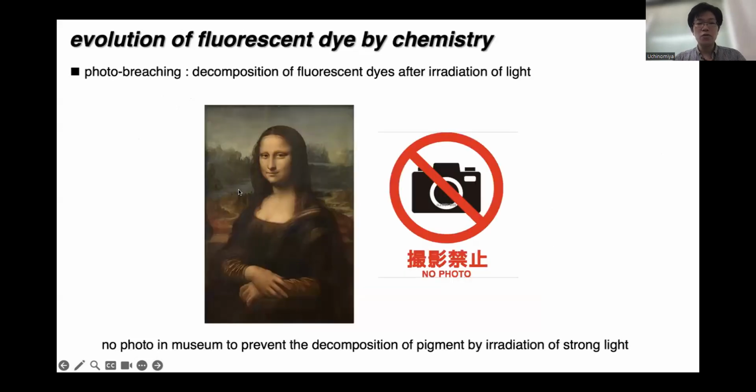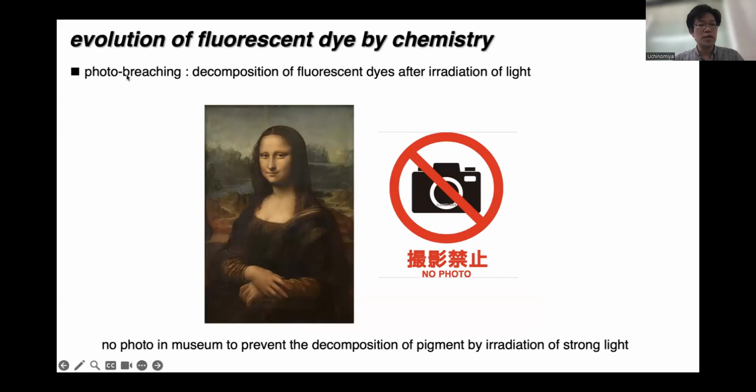In this slide, I will explain an example of the importance of chemistry in molecular design. In fluorescence imaging, photobleaching is a very crucial issue.